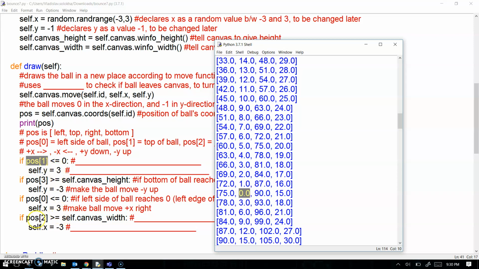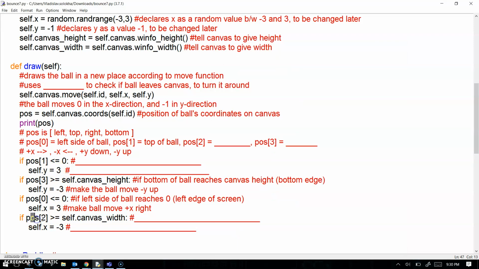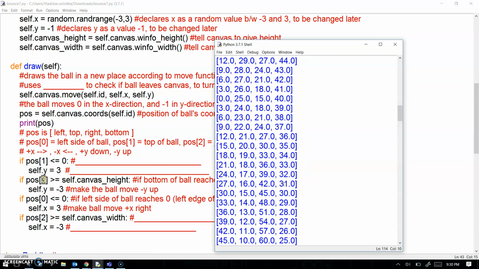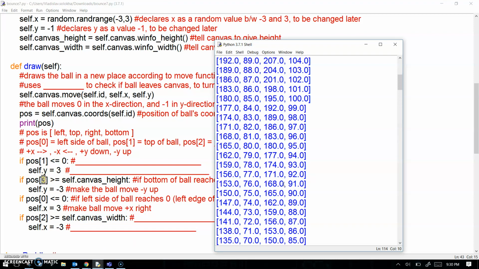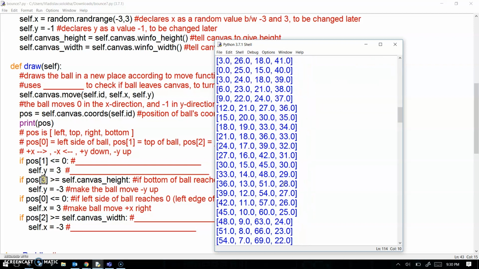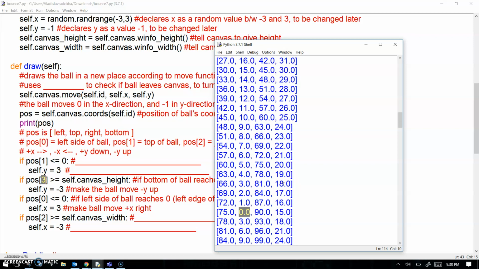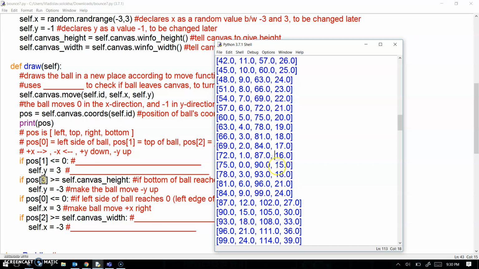And if we reach the bottom of the screen, if the bottom edge of the ball, if that fourth number for the third index reaches 0, let me find that case here in all these numbers. I don't think I ran the program enough to see, but we can see that from 16 to 15, we started going down.